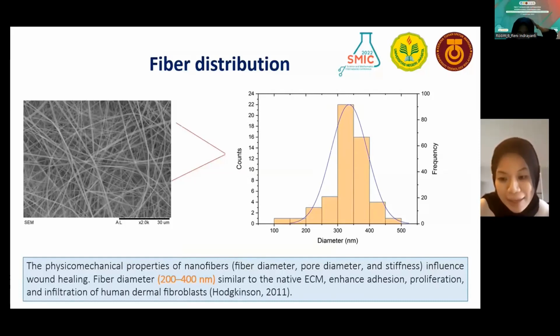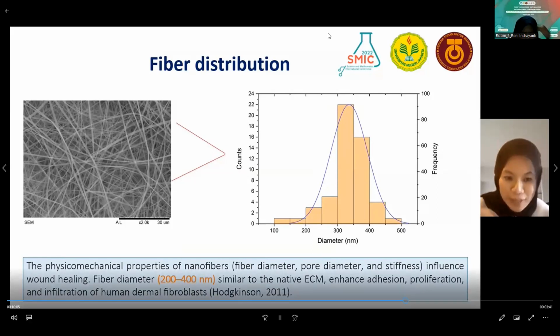So it will enhance adhesion, proliferation, and infiltration of human skin fibroblast cells, and it is suitable to be used as dressing. As for CA15 and CA16, they don't show better fiber distributions compared to CA20.